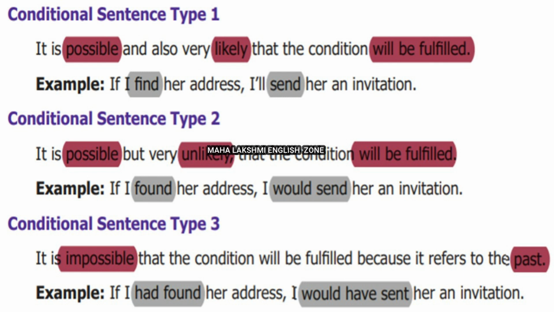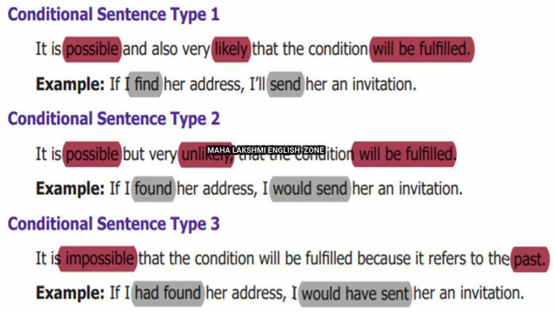Then conditional sentence type 3, those sentences which are impossible, and also it refers to the past, the happenings which have ended, but it is also not possible now. Those statements will come under conditional type 3. So type 1 will be possible, likely to be fulfilled.